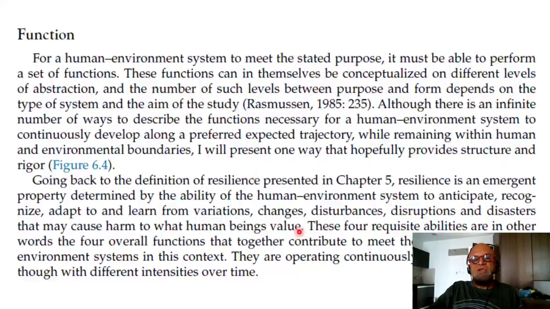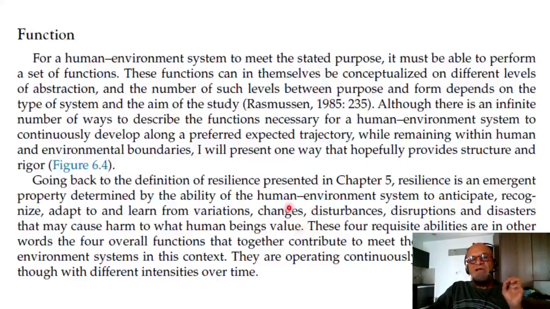Going back to the definition of resilience presented in Chapter 5, resilience is an emergent property determined by the ability of the human environment system to anticipate, recognize, adapt to, and learn from variations, changes, disturbances, disruptions, and disasters that may cause harm to what human beings value. We are reading it for the third time, maybe fourth time, but it's okay.